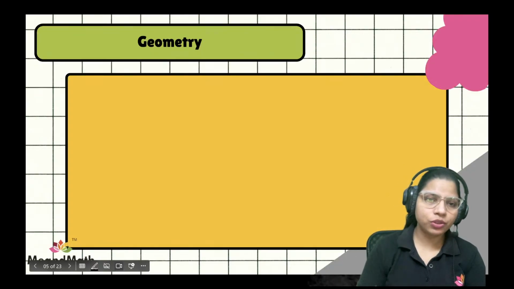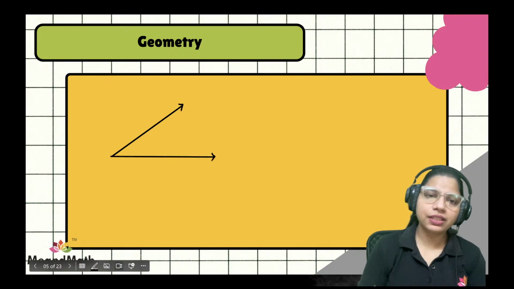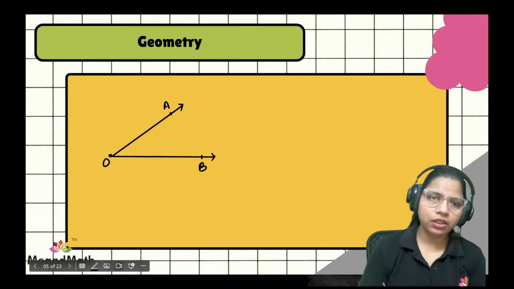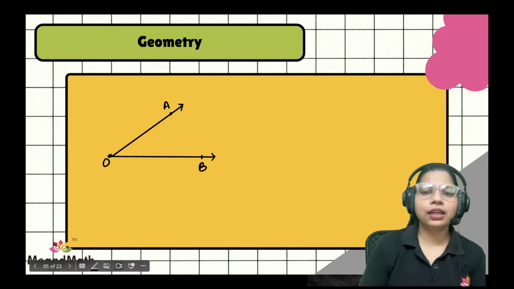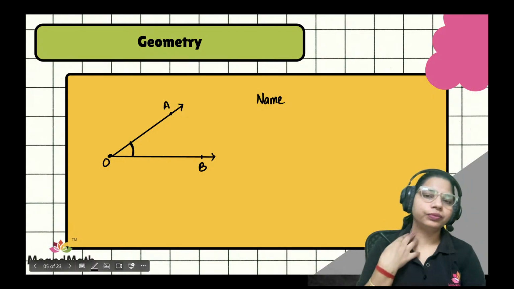If I just simply draw, that is very basic again, I'm saying. If I just draw an angle like this, and if I say this is A, that's O, and this is B, right? So can you just name this angle? This is what the turn is. Can you name this angle?